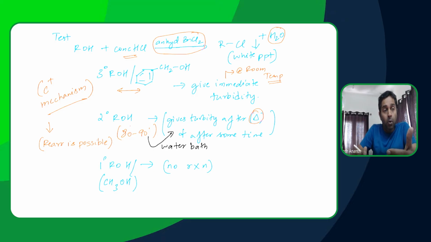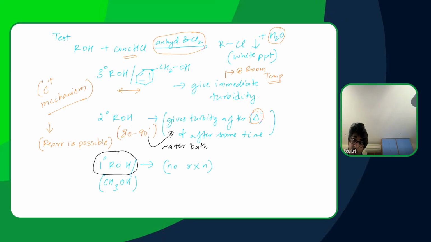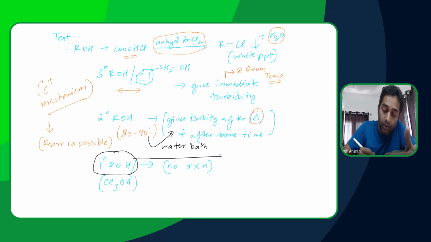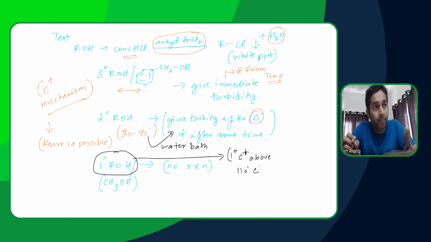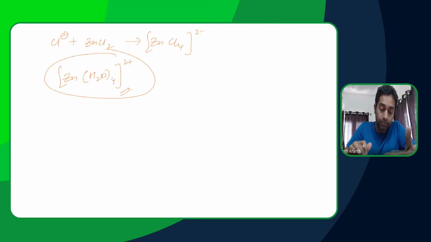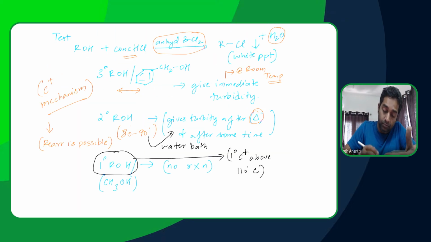Now, primary alcohol, why did I say no reaction? The main reason is that if you want the reaction to happen, you need the carbocation formed. A primary carbocation is generally formed above 110 degrees Celsius. So with a water bath, no reaction.